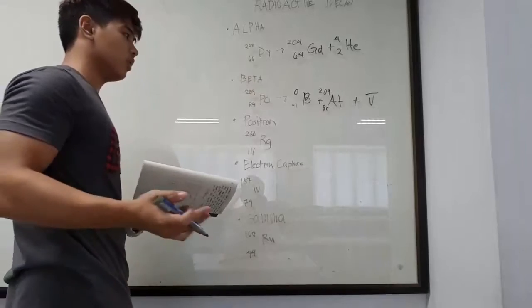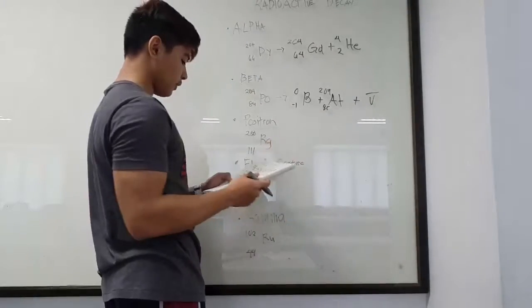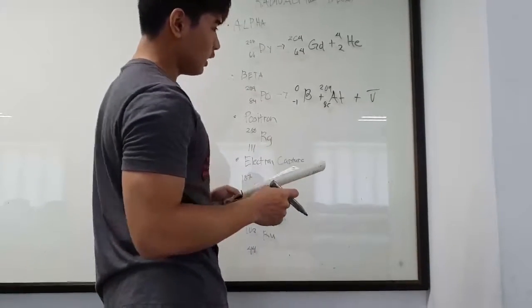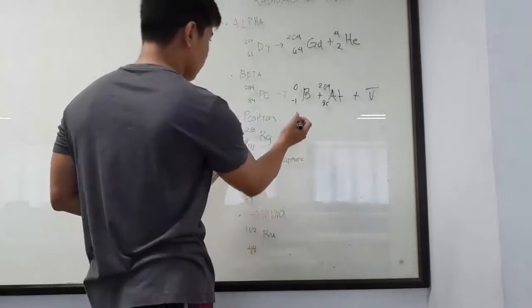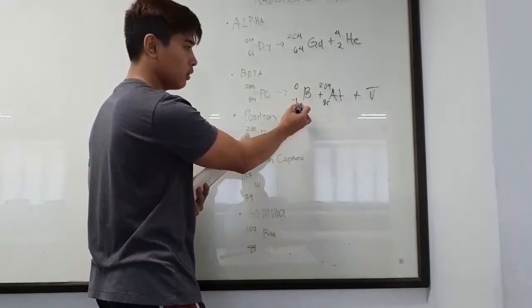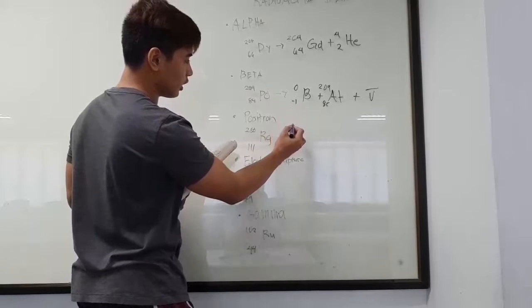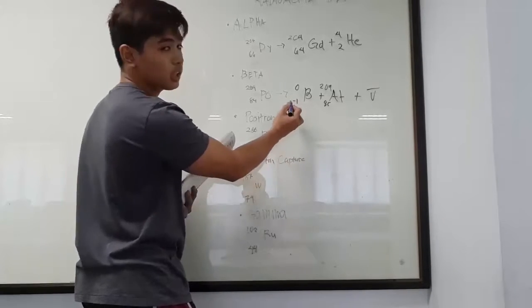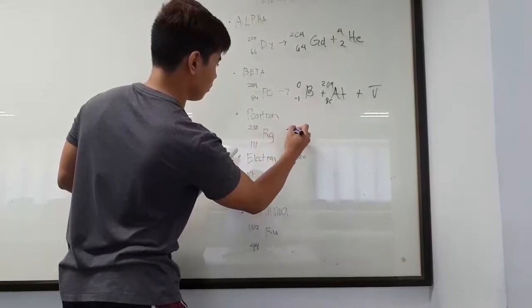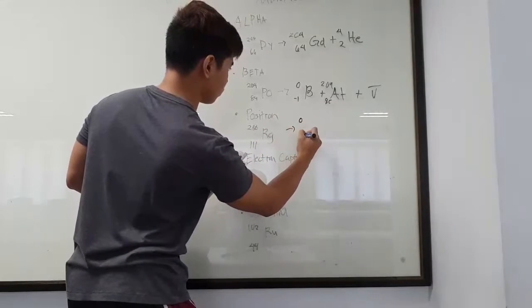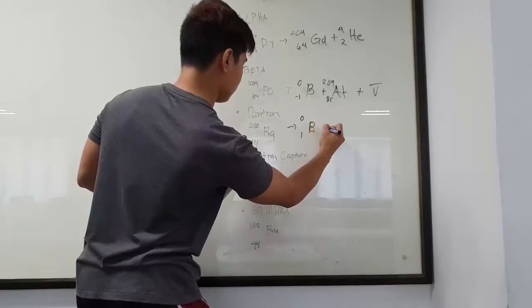And now we're going to the positron emission. For the positron emission, it is different from the beta decay. We're going to use a positive one instead of negative one. So we're going to add 0, +1 beta plus.